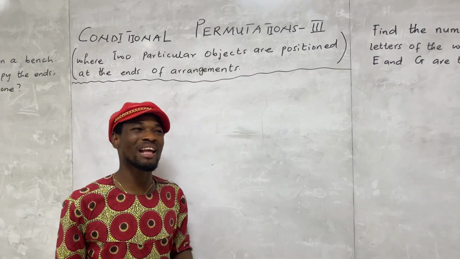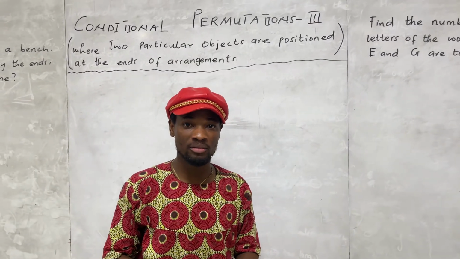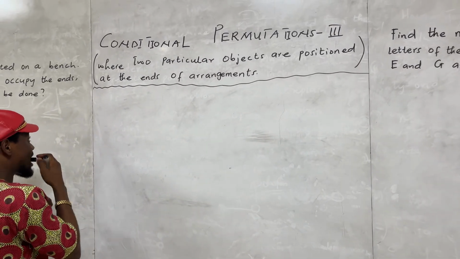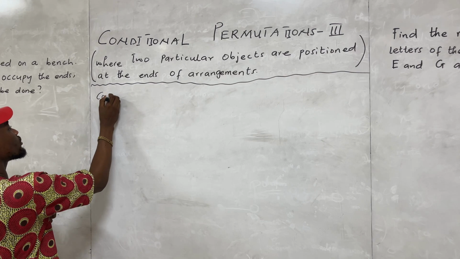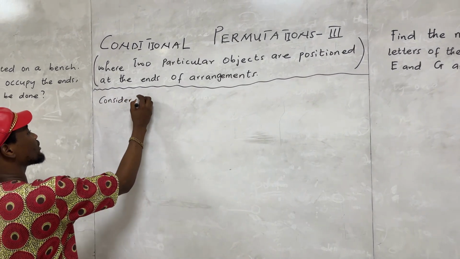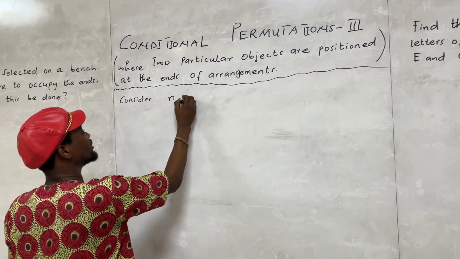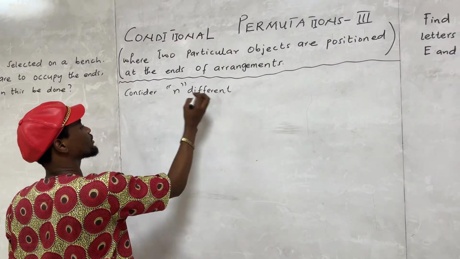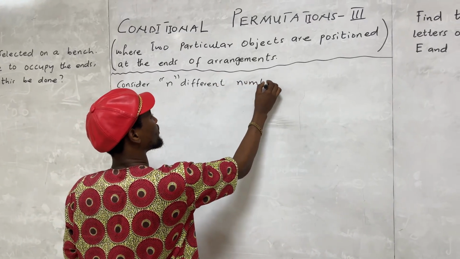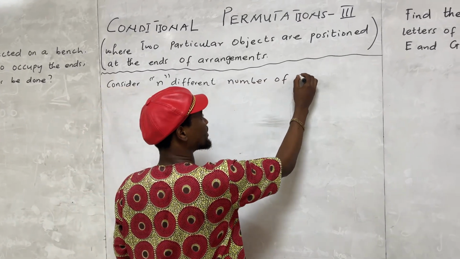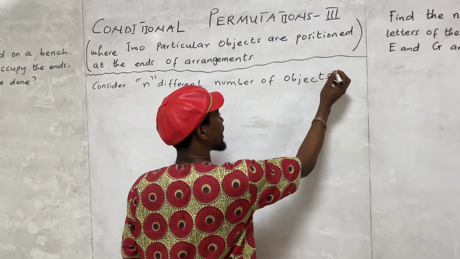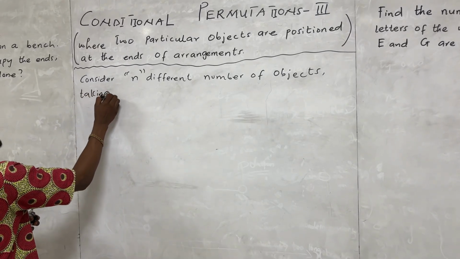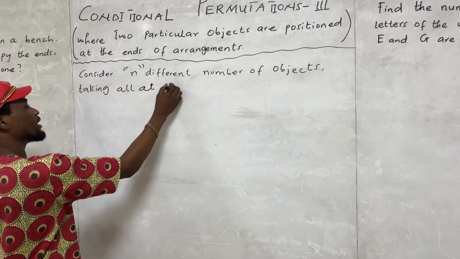So let's consider n different number of objects, or items, taken all at a time.